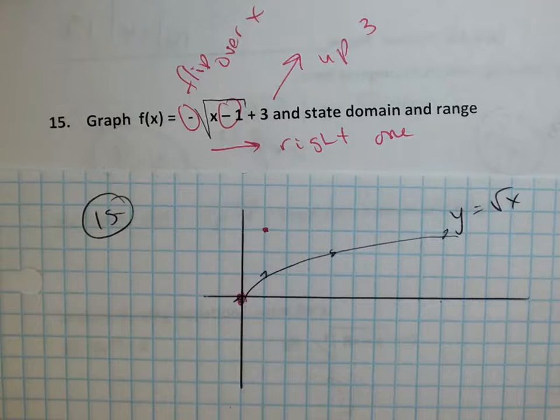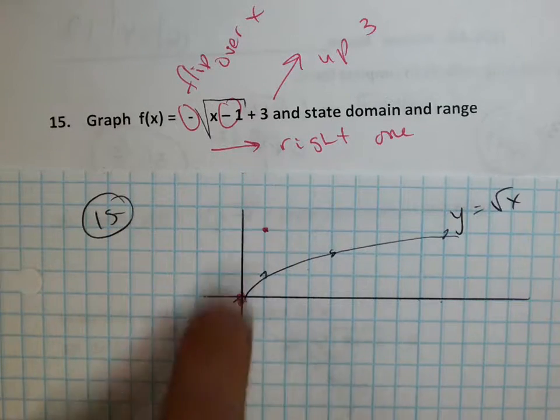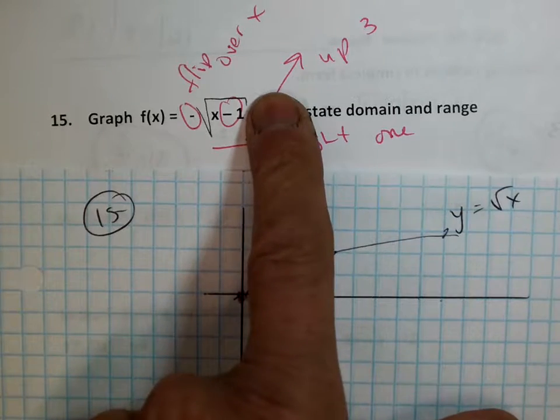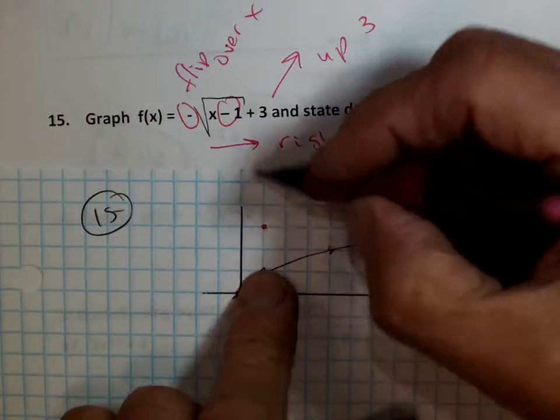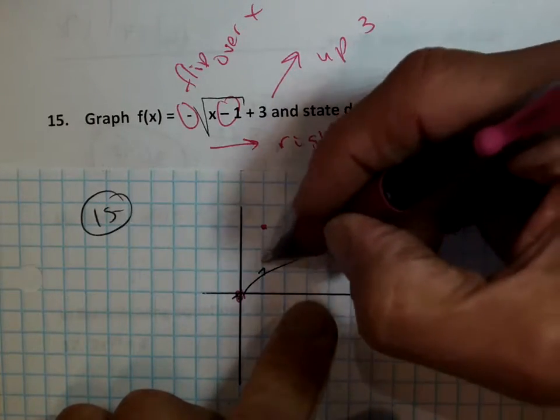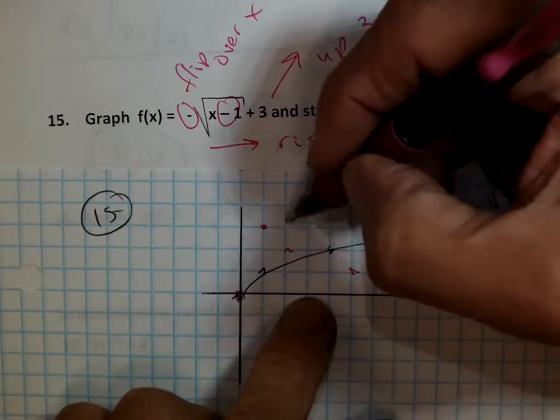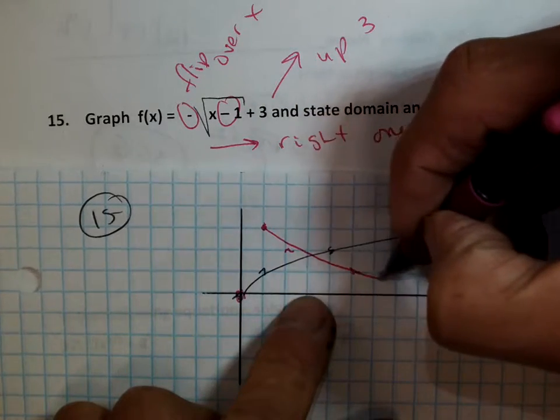And then actually we're going to take that. That's going to flip, and then we're going to bring it up. So then from here, it goes upside down. There's my graph.